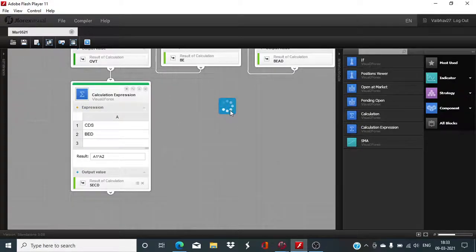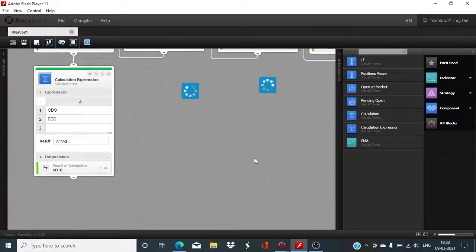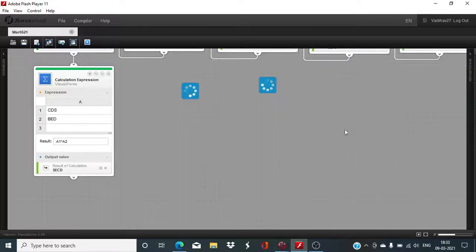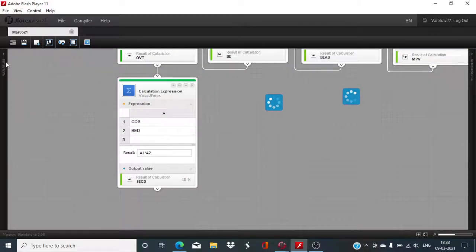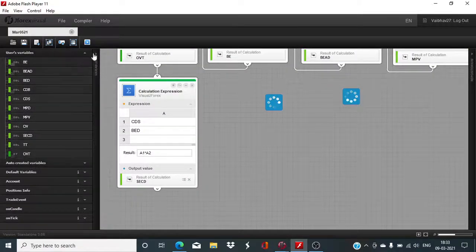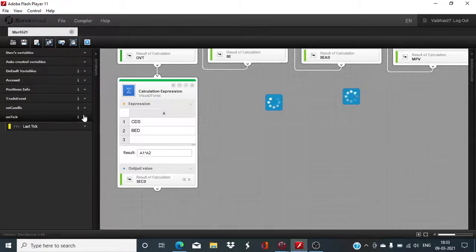and for that we have to rely on one more calculation expression block, taking a bit more time, on tick last tick ask.